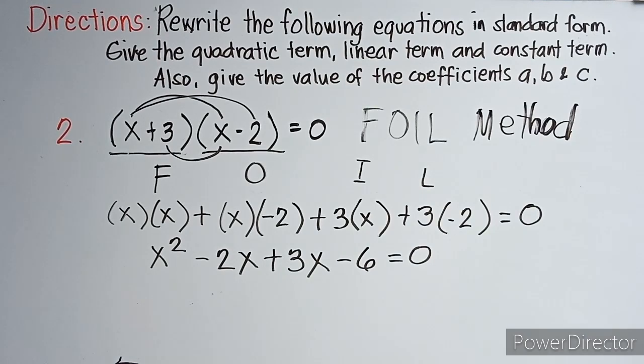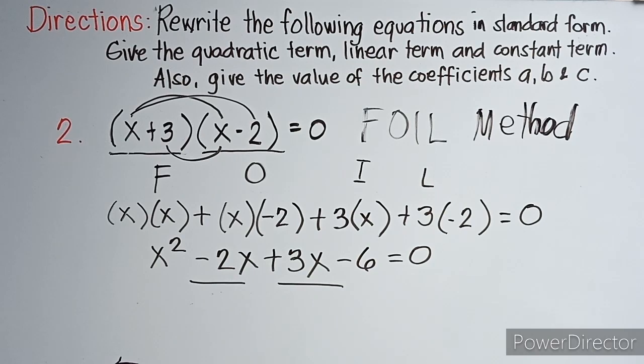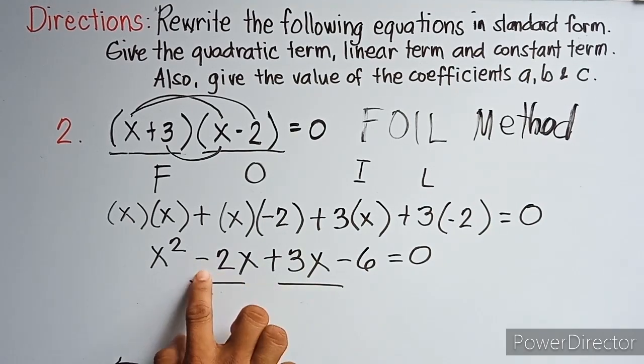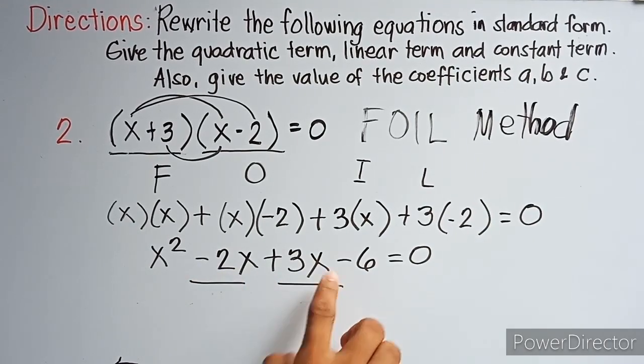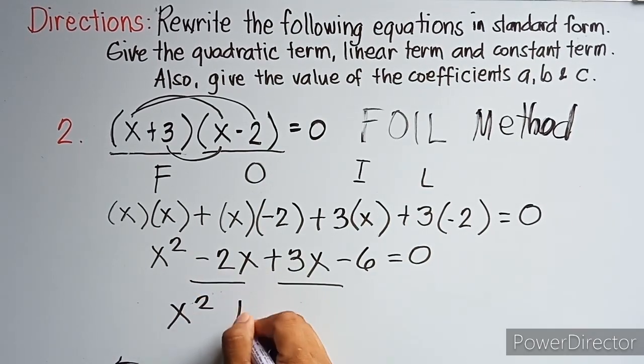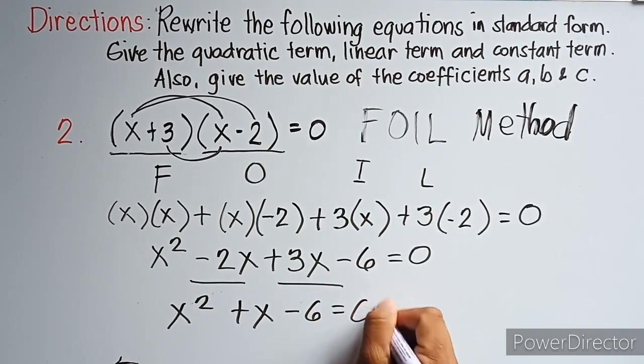So kung mapapansin nyo, meron pa tayong common terms. So we have negative 2x plus 3x. So kung pagsasamahin natin itong dalawang to, we have negative 2, then positive 3, meron ka na lang matitira na isa. So magiging siyang x squared plus x minus 6 is equal to 0.